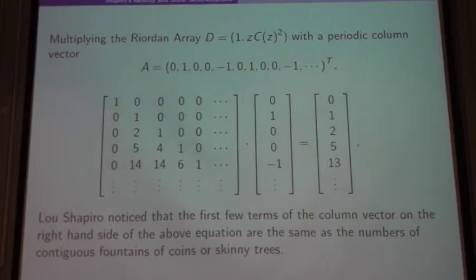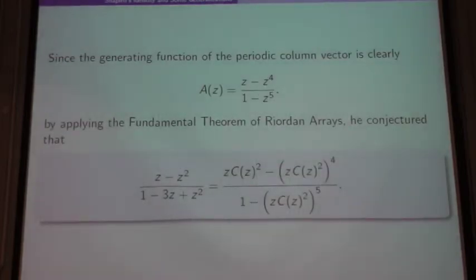And now, of course, he applied the fundamental theorem of reordered arrays to what he observed, because the generating function for the column vector that he used is obviously this one. And he noticed that, well, it's a conjecture in his case, since what you see on the right-hand side is every other Fibonacci number, and we know that their generating function is this, he gets this identity. And he asked us if we can provide some kind of combinatorial proof.